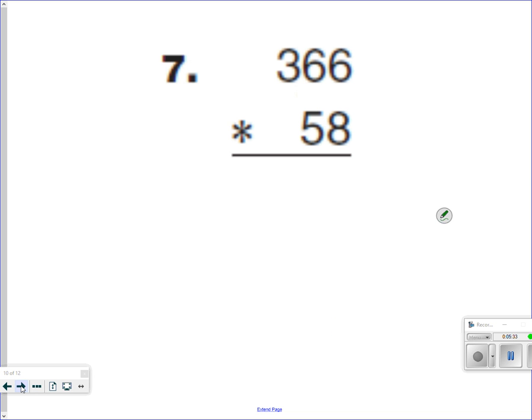I'll do one of these. 8 times 6 is 48. Plus 4 is 52. 8 times 3 is 24. Plus 5 is 29. Let me erase these numbers up top so I don't get confused. Cross this off. Got a place value holder. 5 times 6 is 30.